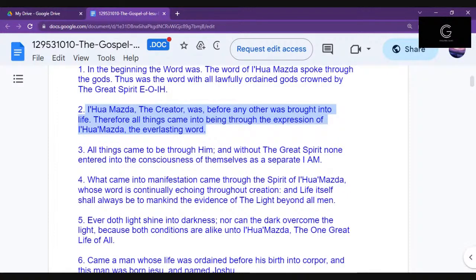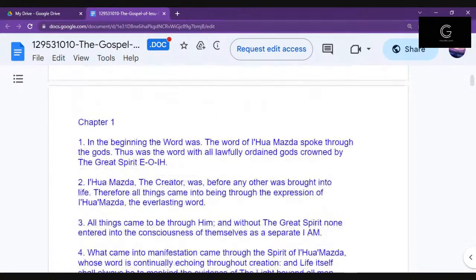Don't get it twisted. Just letting you know, Ahua Mazda. Remember, Ahua Mazda praised Ormazd, right? So, when you tie in Ahua Mazda to the creator, we gotta understand that Ahua Mazda praised the creator, but the name is still synonymous.